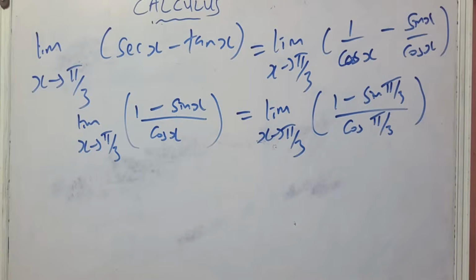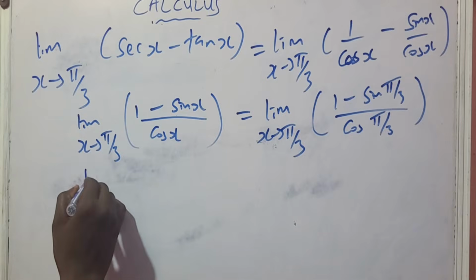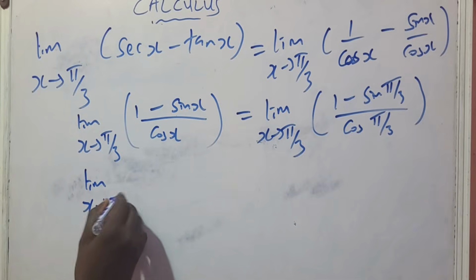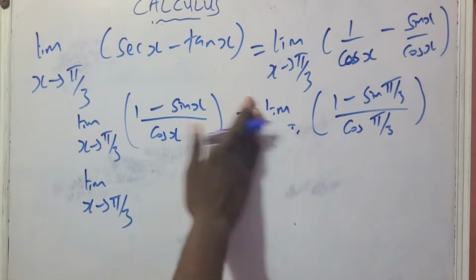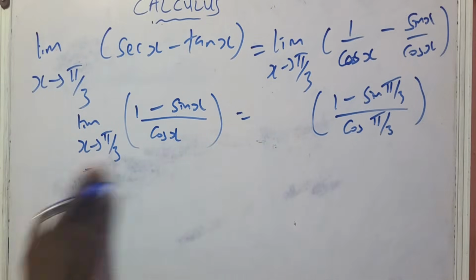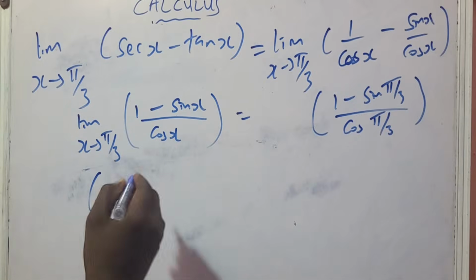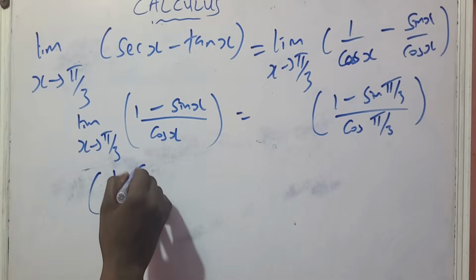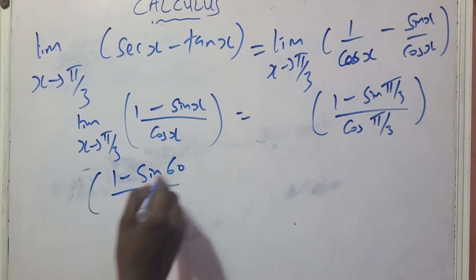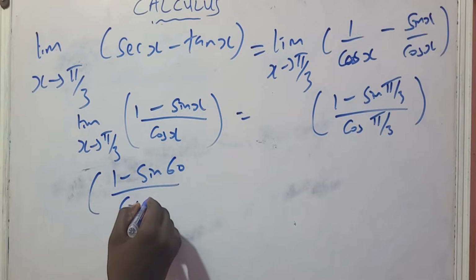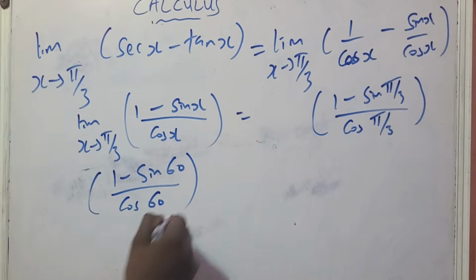That will be 60. So what I can essentially write here is the limit of x tending towards pi over 3 will be, of course, I do not need to write this again because I'm solving already. Now I'm having 1 minus sine 60 over cos 60. All right.